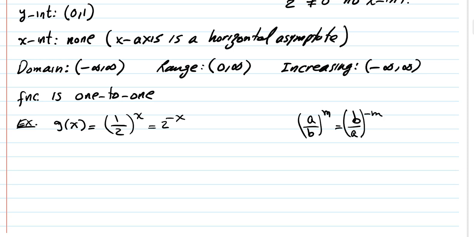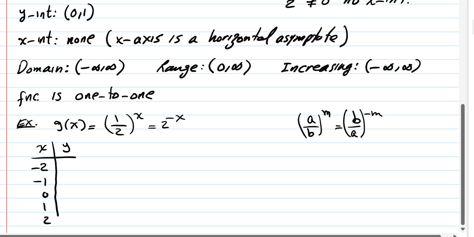So you can flip the fraction and change the sign in the exponent. 1/2 becomes 2 over 1, x becomes negative x. All right, so how are we going to graph this one? If we plot points for x and y, I'm going to go with the same 5 points we had earlier. Let's see how this is going to work out now.